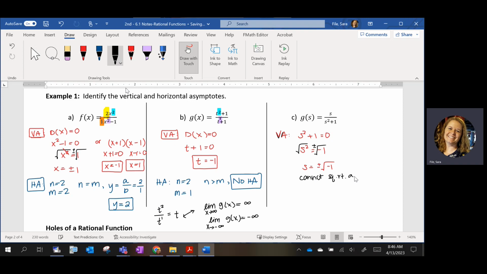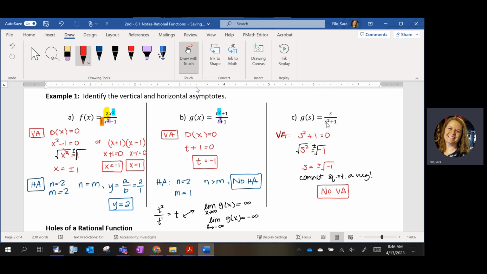Square root of a negative number. What this is telling us, the fact that we can't solve this when we set it equal to 0, is that there is no vertical asymptote. Remember, a vertical asymptote is going to happen where the function's denominator would equal 0.